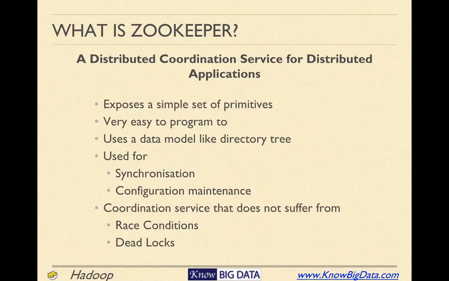The biggest question we faced in the case of NameNode was: what if the NameNode goes down, right? That was not really highly available or truly distributed. Zookeeper is one such thing which is truly distributed.